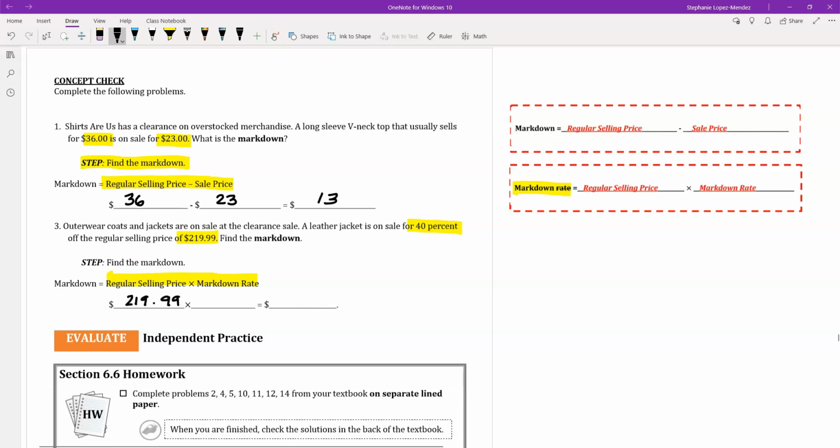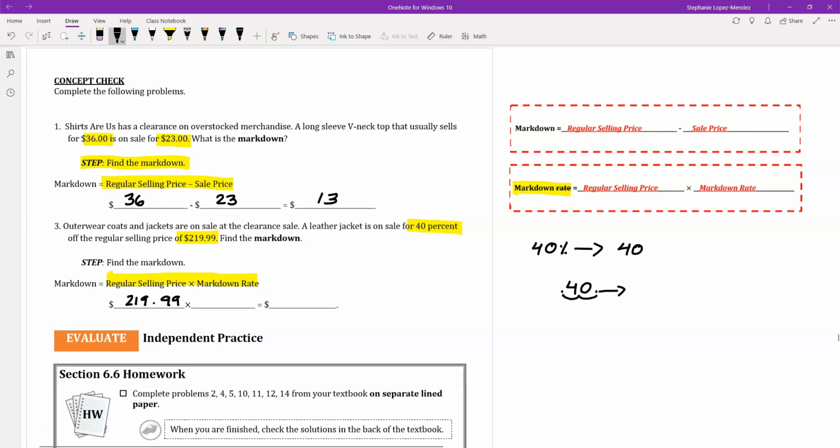So just a reminder, for 40%, our first step is to drop the percent sign, and then our point, right, we move it 2 times to the left. That means our point now is before the 4.